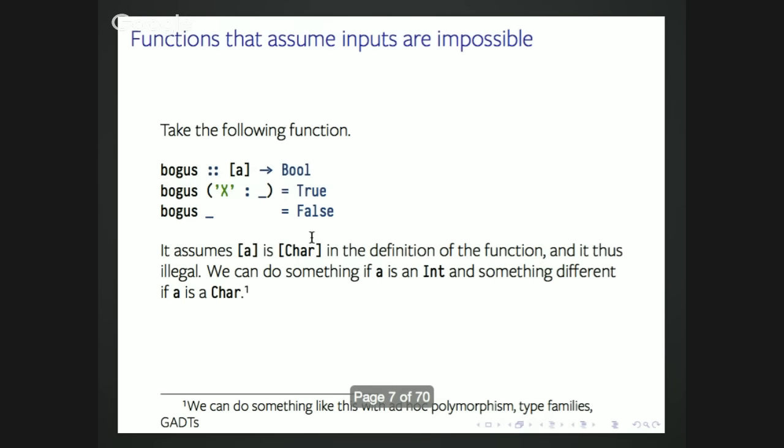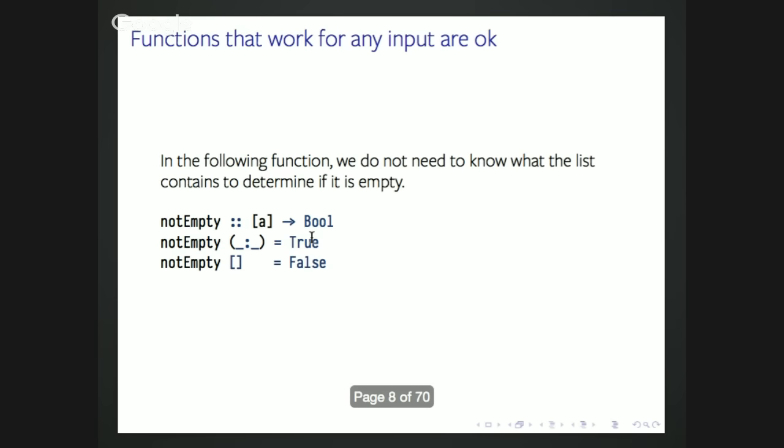So in Haskell, we can't actually write this function, at least not easily, because you have different cases for different types. However, if you have functions that work for any of your types, then that's okay. List is very common because it's an easy one to have multiple functions defined for lists of something.